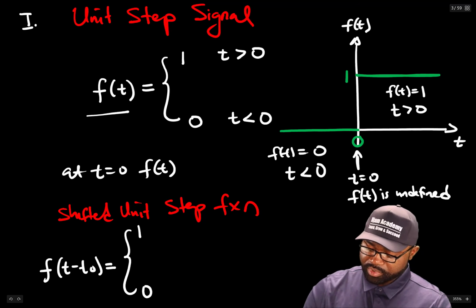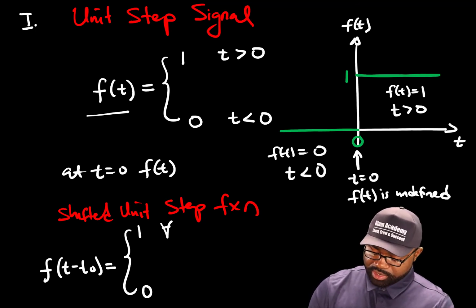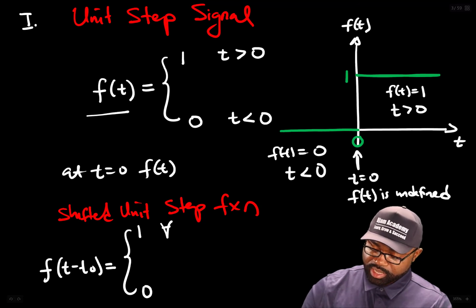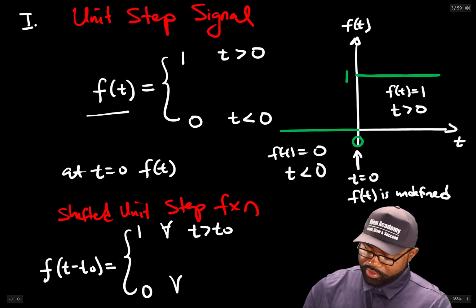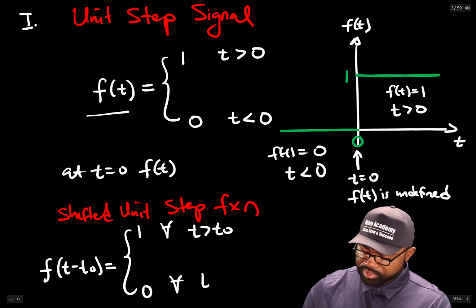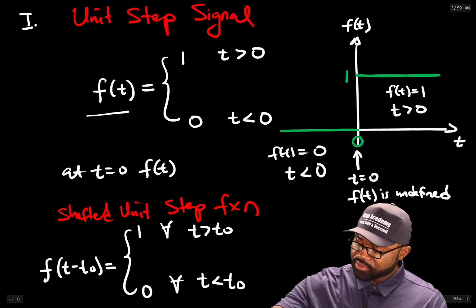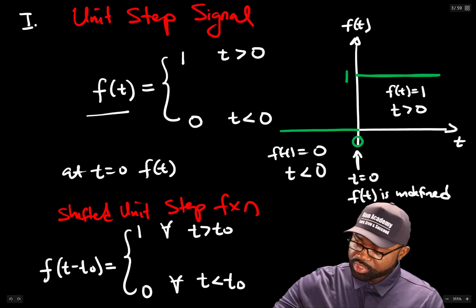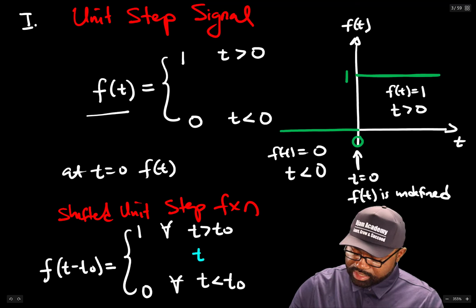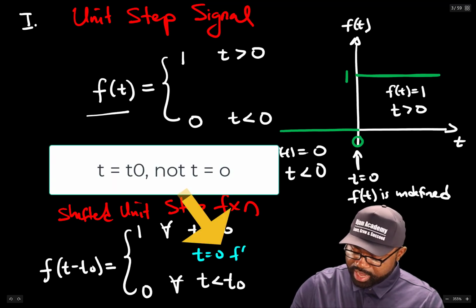Still the same, but this f of t minus t naught is equal to 1 if t is greater than t naught, or it is equal to 0 if t is less than t naught, which still implies that at t equal to t naught, f of t minus t naught is undefined.